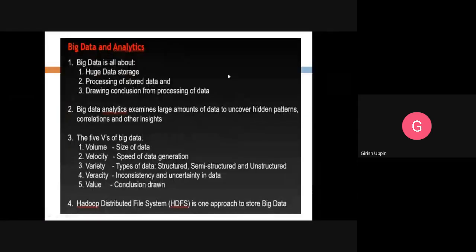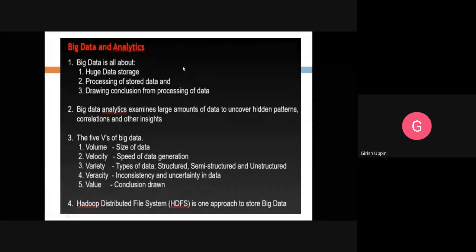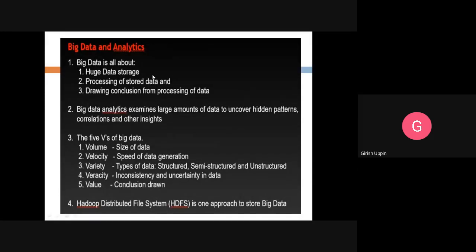Big data and analytics. Big data is all about huge data storage, which is what we just talked about. It's all about a huge amount of data, the volume. Then there is processing of the stored data. We want to run some kind of processing on top of that stored data, and the example I gave is finding the average temperature of Belgaum city. We want to draw conclusions from processing the data.